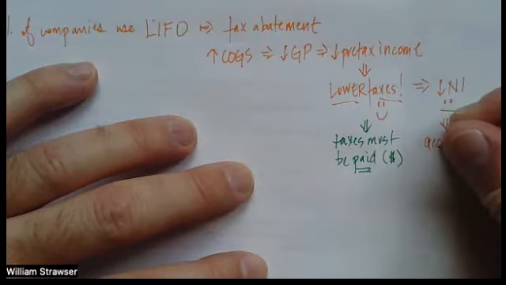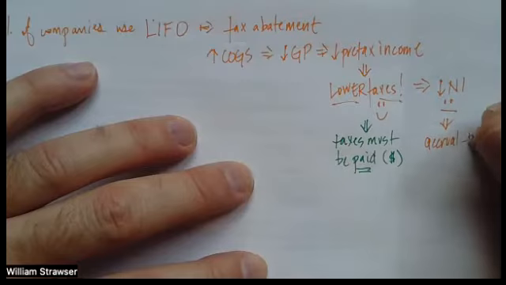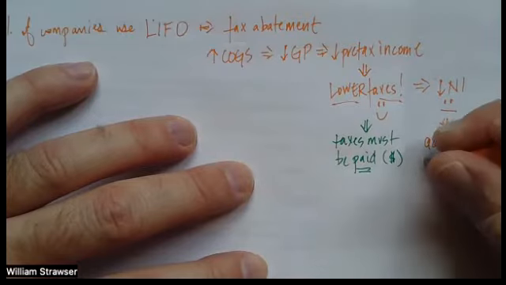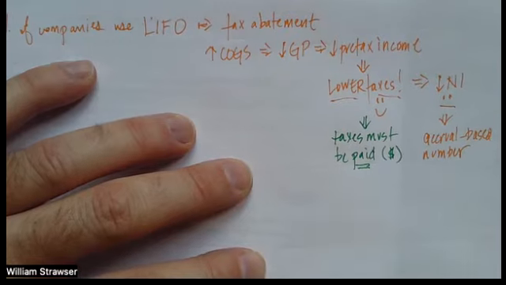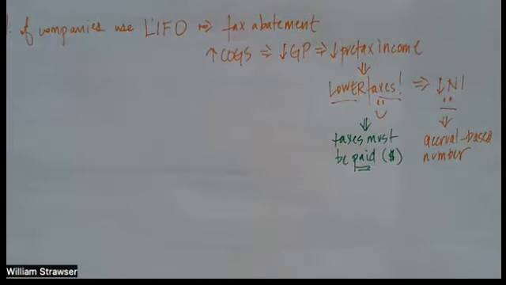This is an accrual-based number. Right? We make some accounting decisions that we put in revenues that we haven't collected cash for yet. We put in expenses that we paid the cash for sometimes many years ago. If we bought a piece of equipment, we still have depreciation expense, even though we bought that equipment 10 years ago, we're still using it.